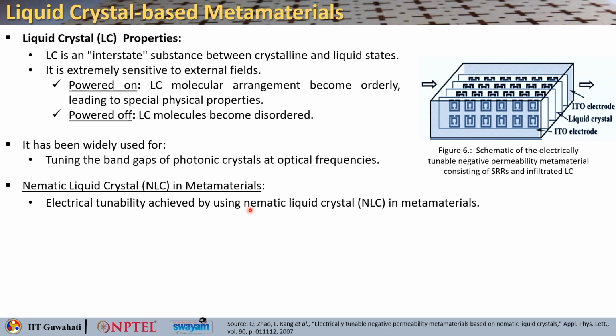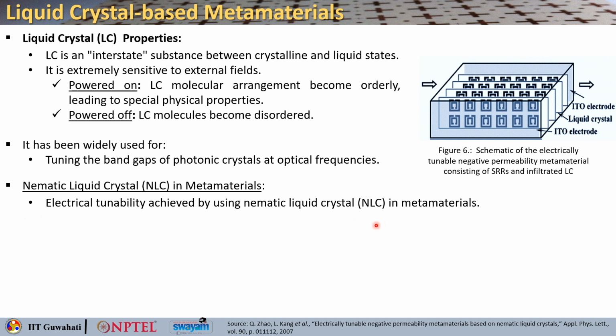It means that they tend to align along a common direction, but they lack positional ordering, meaning that they are not arranged in a regular lattice. However, there is a long range order, right. They are a type of liquid crystal, a phase of matter, as I discussed, that has properties between conventional liquids and solid crystals.